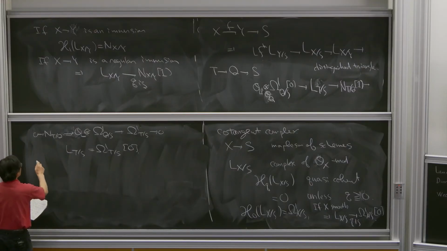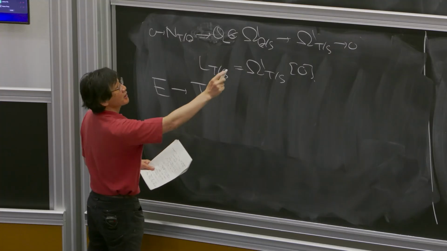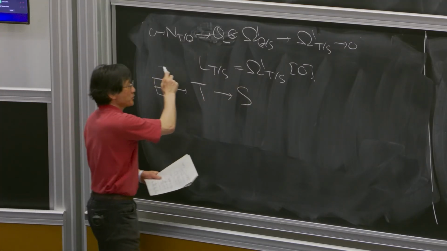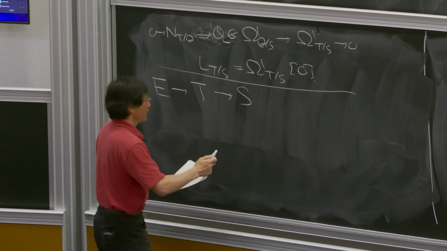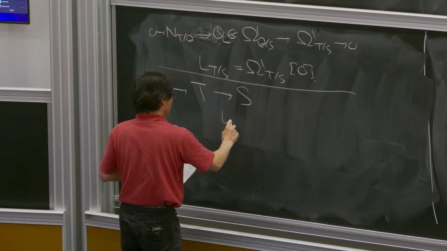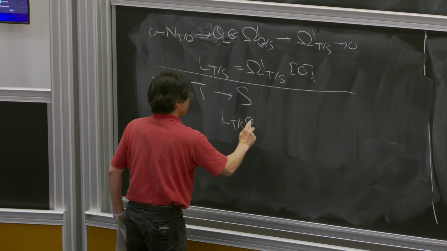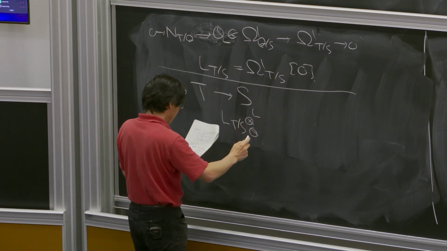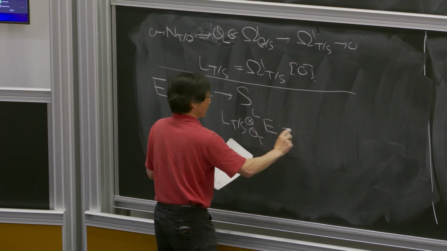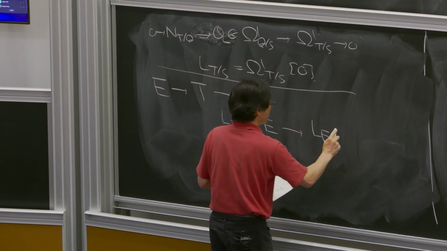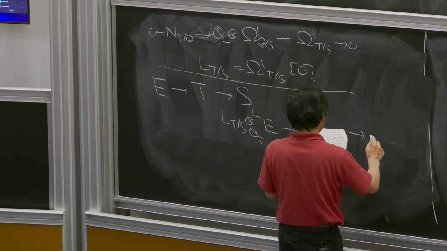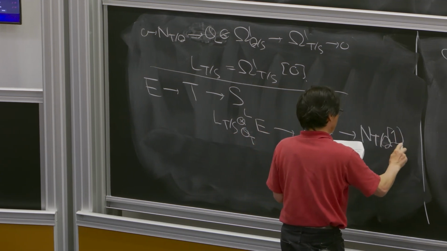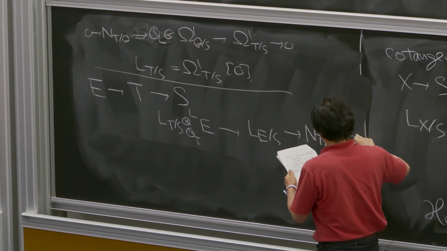Okay, now we apply the same distinguished triangle to this situation. Then we have to worry about this derived thing, L over S to N. Like this.